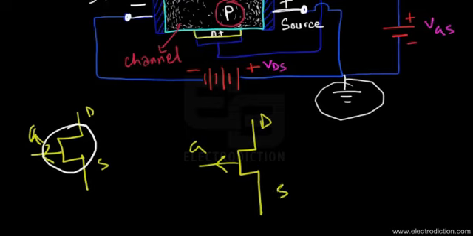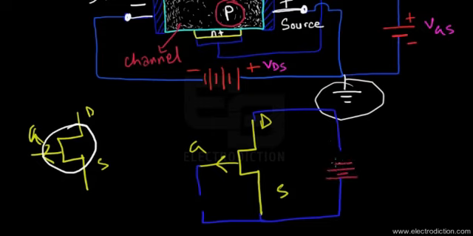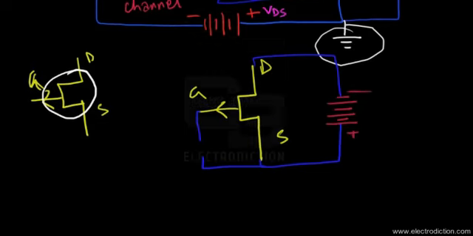Just hold on for a second please. If we connect the terminals to the respective voltage sources, then the circuit would be completed. As per the diagram, we would have the source connected to the positive terminal of the battery. That's the connection to the source, and the gate would be kept at a positive voltage.